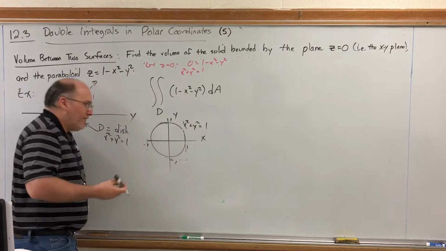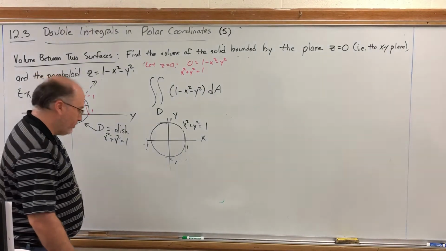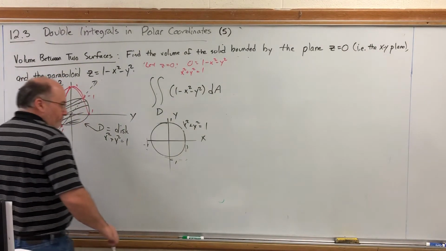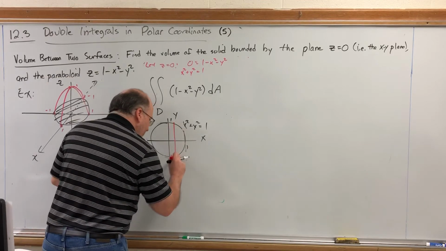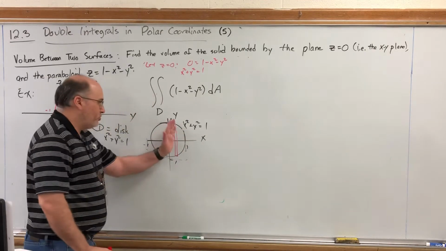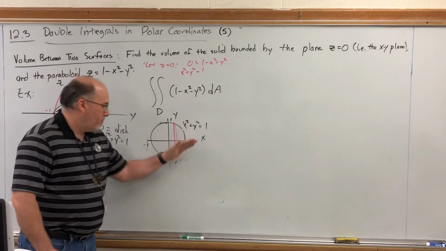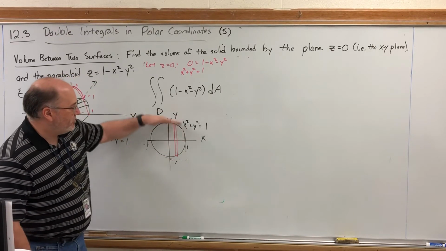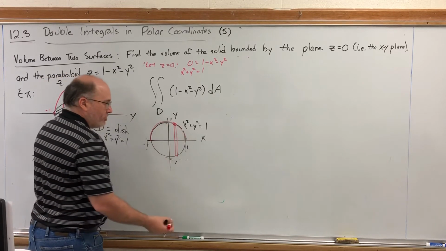Well, we would have to pick one to integrate over numerically and the other one to integrate over in terms of functions. For example, if I wanted to integrate the y's, let's think about a representative rectangle here. This rectangle would slide back and forth from negative 1 to 1. But what bounds it from above is not just a number. What bounds it from above is the equation of the top half of this circle.